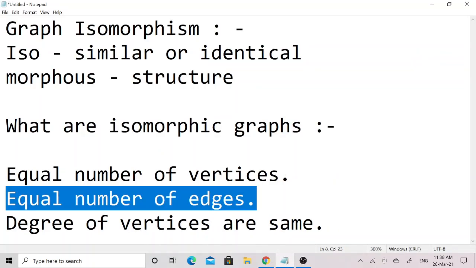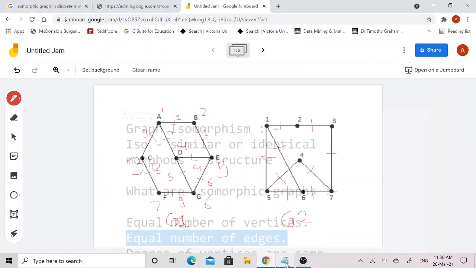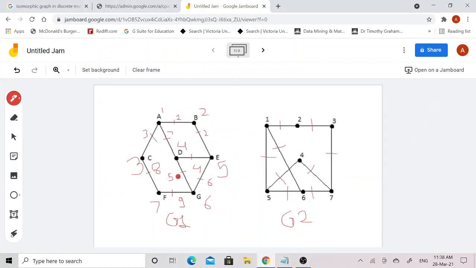Here in both graphs there are an equal number of edges. Like in graph 1 there are a total of 9 edges, and in graph 2 there are a total of 9 edges. So the total number of vertices present in both graphs is 7, and the total number of edges present in both graphs is 9. These two parameters are matched.